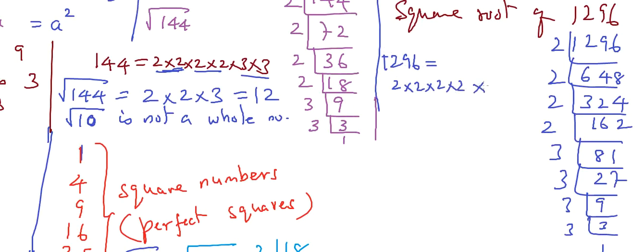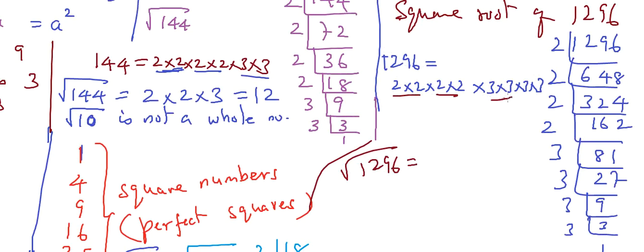There are four 2s, also four 3s. Therefore the square root of 1296 is, since each number has a pair, 2 into 2 into 3 into 3. 2 into 2 is 4, 4 into 3 into 3 is 36. So the square root of 1296 is 36.